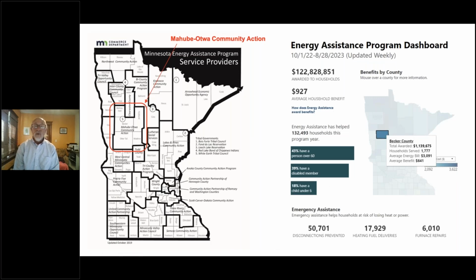This is a little more detail about Mahube-Otwa and what happens in the area. This is $122 million awarded to energy assistance generally, with average awards around $927. And the number of families, or households, that have received assistance here.